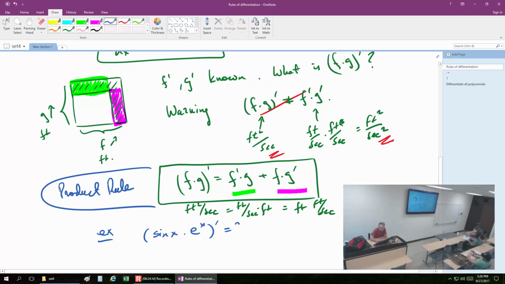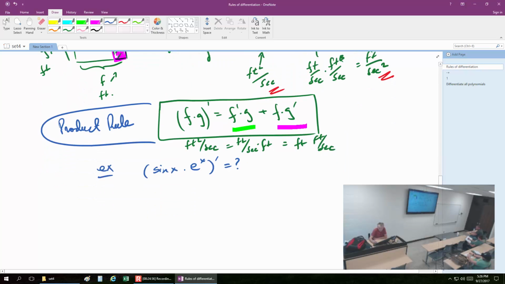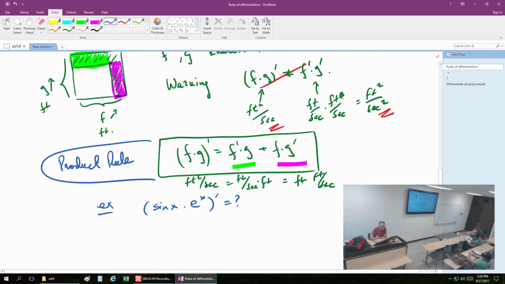Okay, so if I need to compute this derivative, how do I do it? I could write out the 2 derivatives separately. So sine x, its derivative is cosine x. And the derivative of e to the x is equal to e to the x. Okay? So, and then I still have 4 functions.